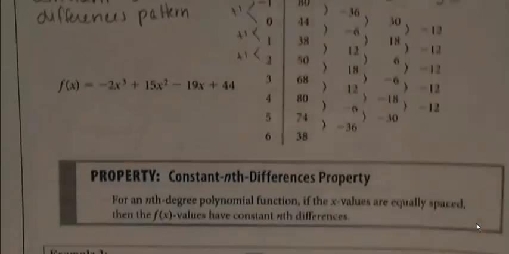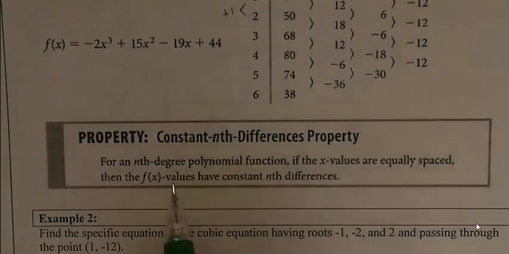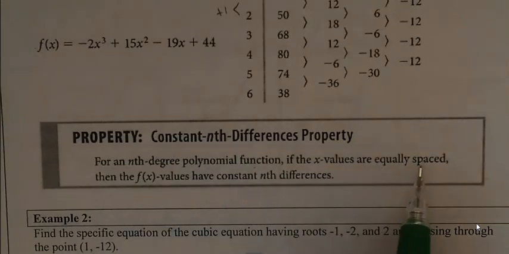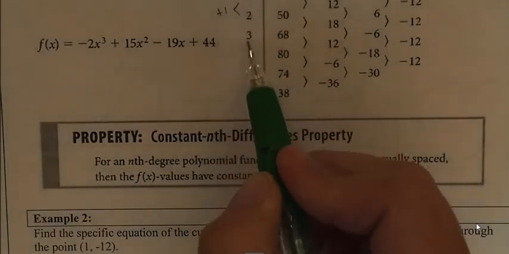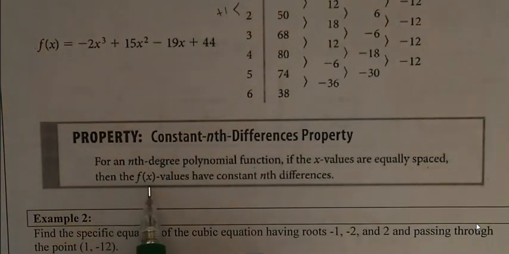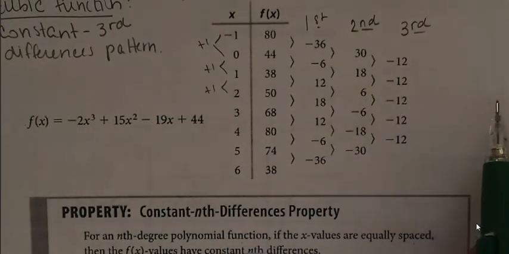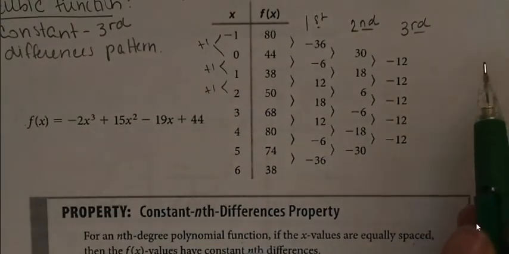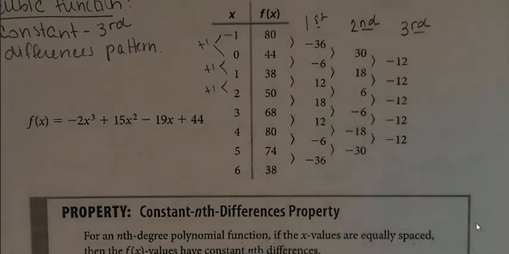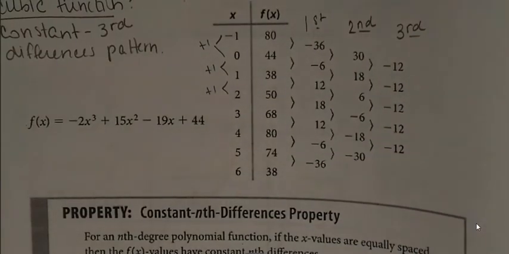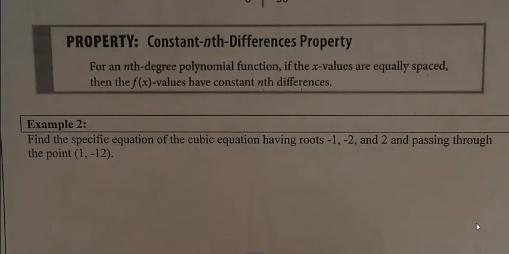Okay. So you can say really for any nth degree polynomial function, if the x values are equally spaced, so they have that constant difference, then the f of x values have a constant nth difference. So if it was the 5th degree, then you'd go out 2 more branches here, and you'd have the same difference in that 5th column.